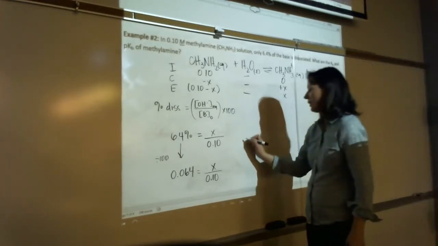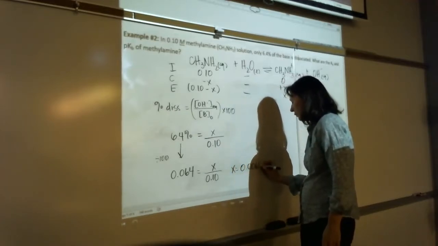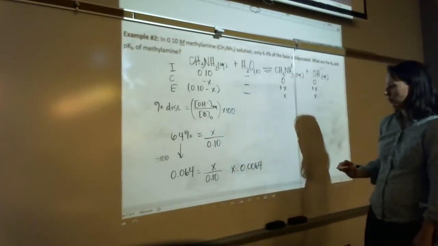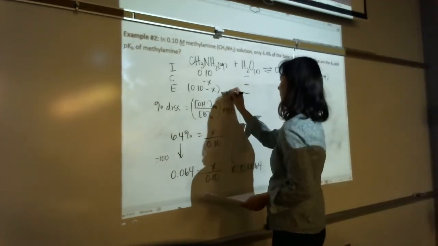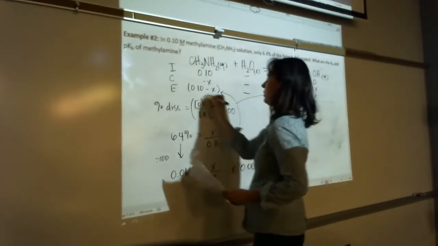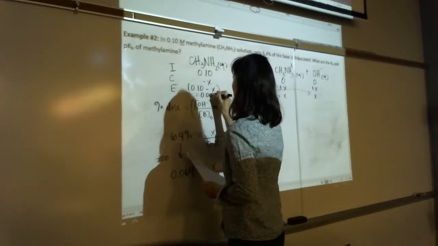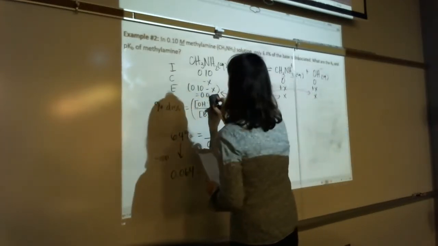Okay, so x ends up being 0.0064, which we can then plug back into our ice table here, and here, and here. So that ends up being 0.09.